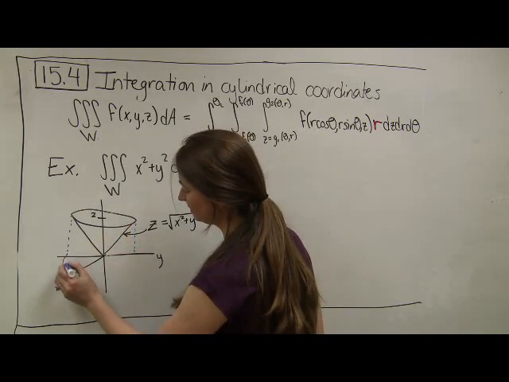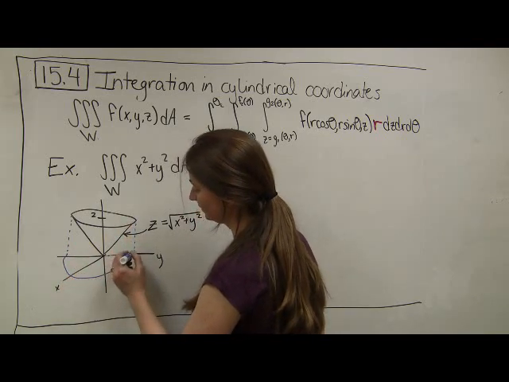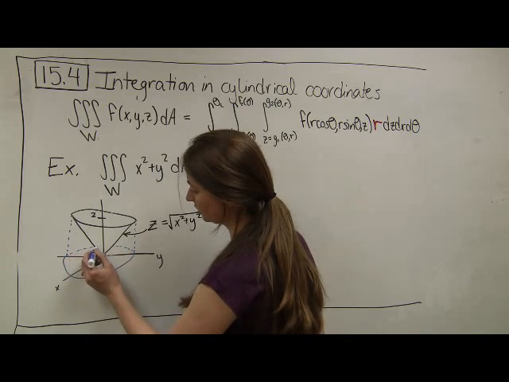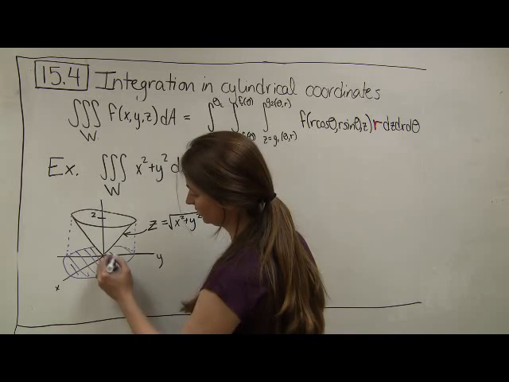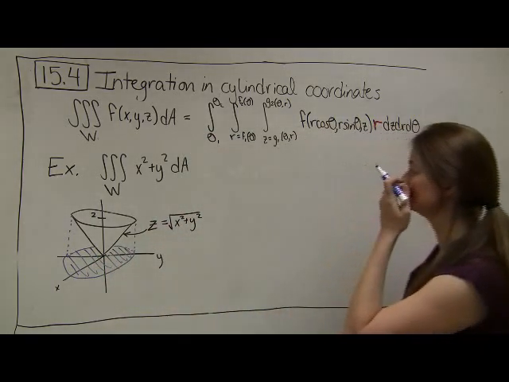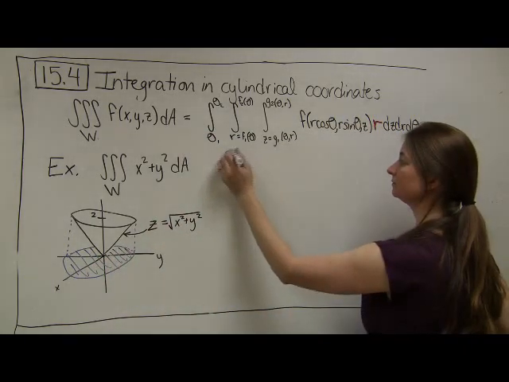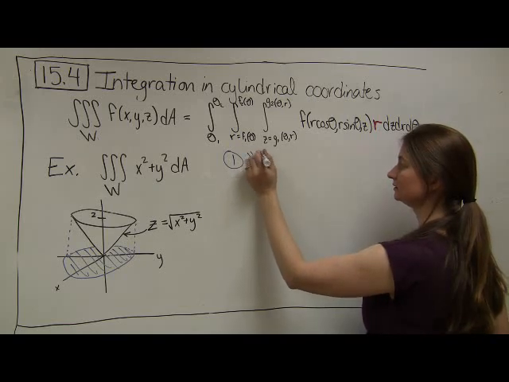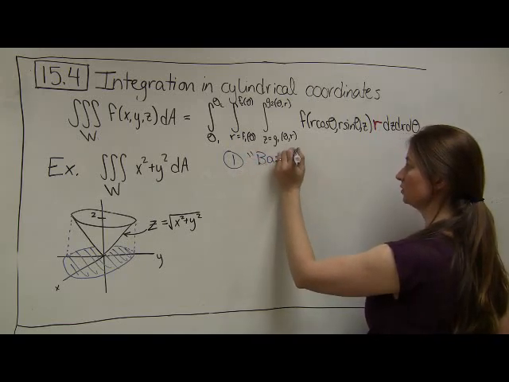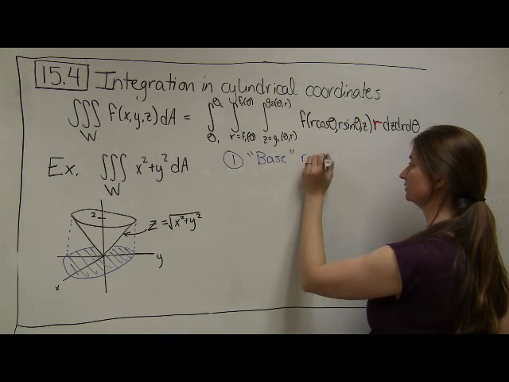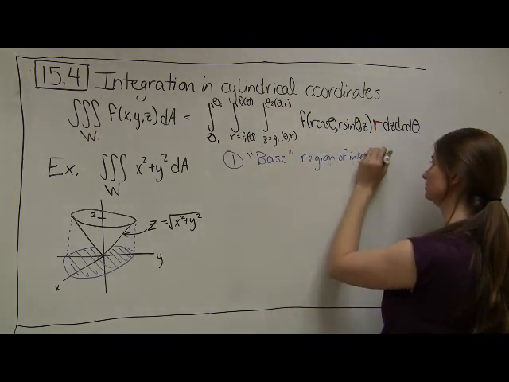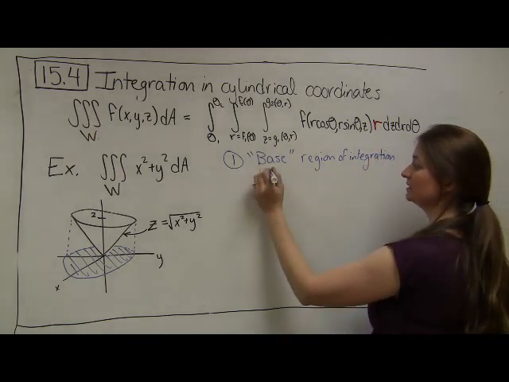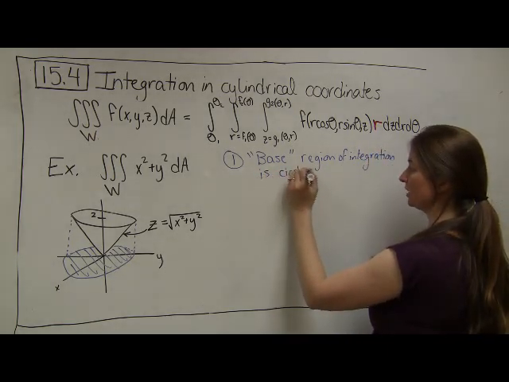So when I'm thinking of my region of integration, this is the same thing that we did before. Maybe I'll write it down here. This is my region of integration. So the base, which is the region of integration, is the circle of radius 2 in the xy plane.